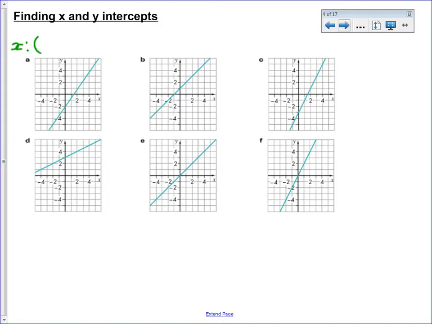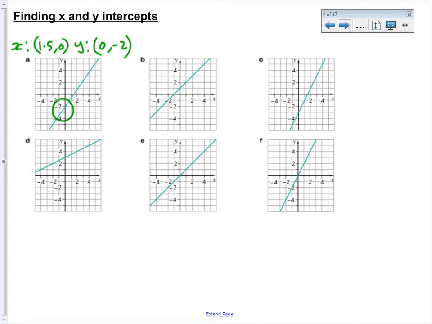The x-intercept is going to be here, and that is roughly 1.50, and the y-intercept is going to be on the y-axis, which is here, which is going to be 0, minus 2.